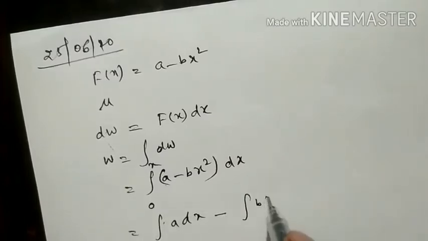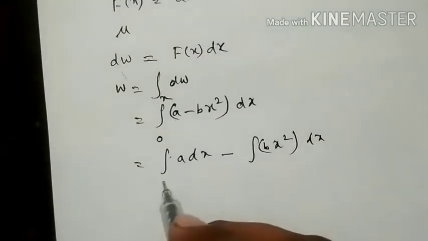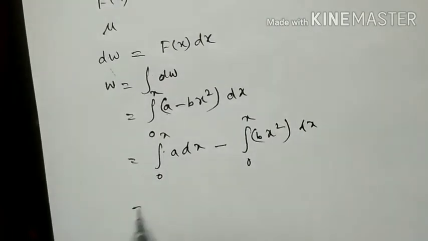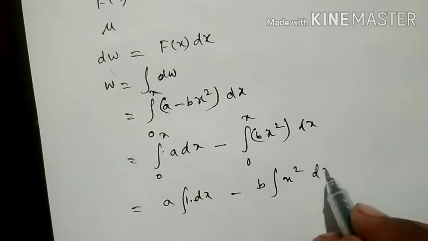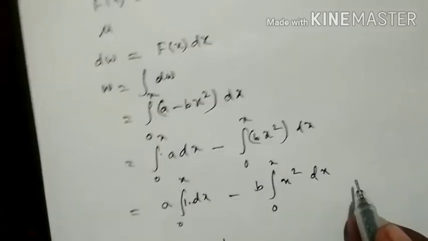Integral a dx minus integral bx square dx, so it is 0 to x, here also 0 to x. So it is a into integral dx, minus b into integral x square dx from 0 to x. So a times integral of 1 dx is ax, minus b integral of x to the power of n.